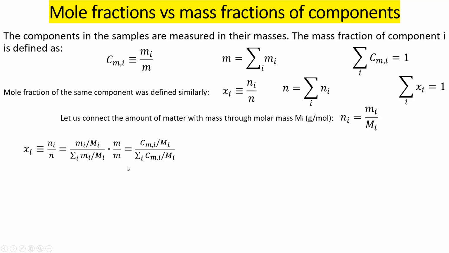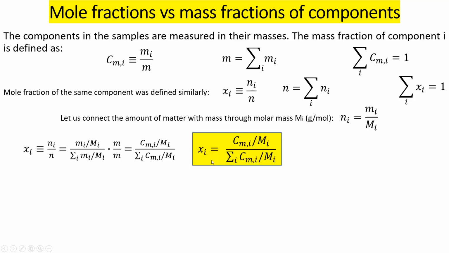Let me again use a trick. Multiply the expression by m over m, where m is the total mass. And remember, I do it to get some cross ratios. Indeed, mi divided by m, I hope you remember, this is Cmi. And the same story vice versa.